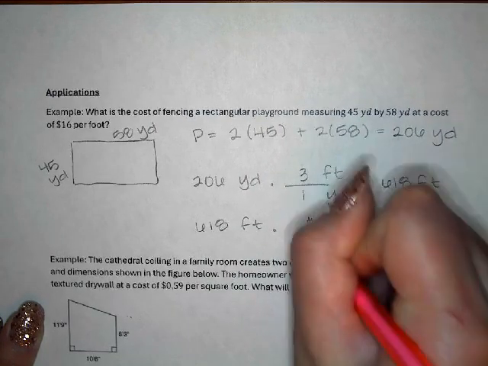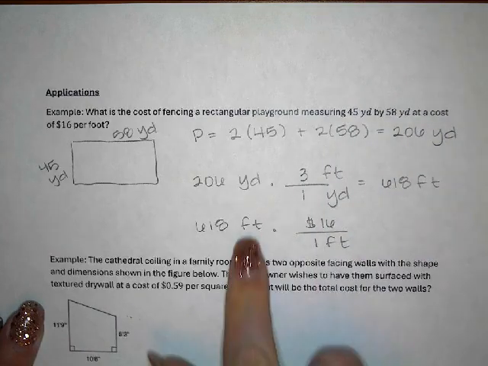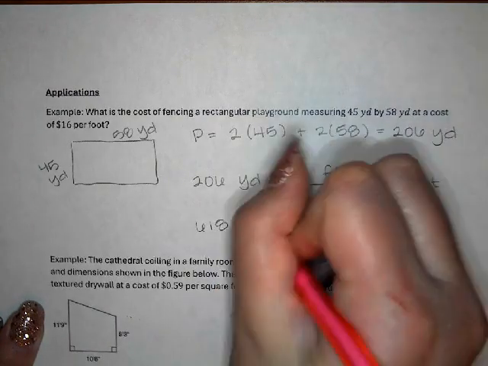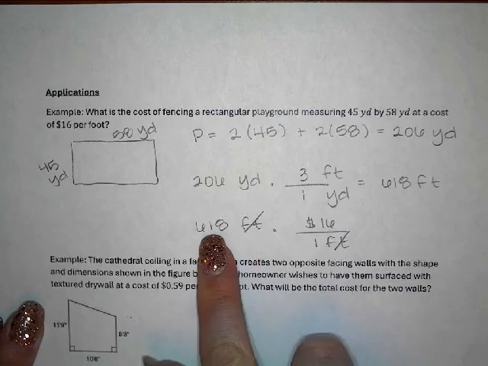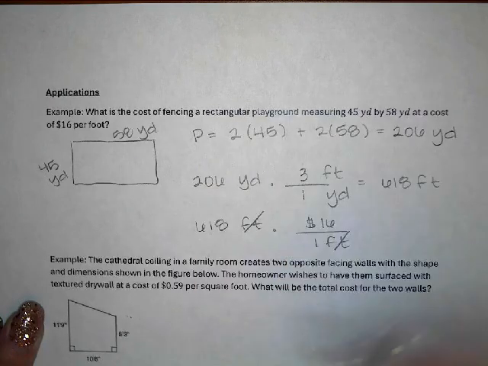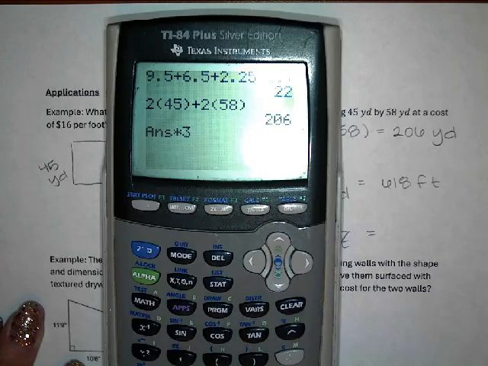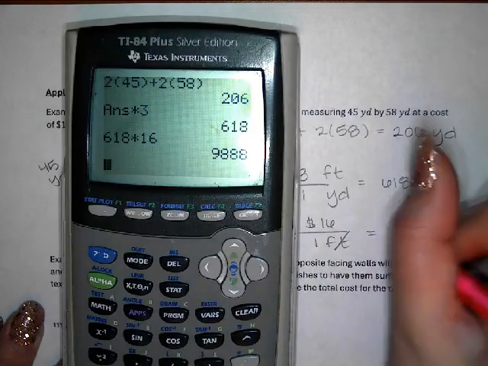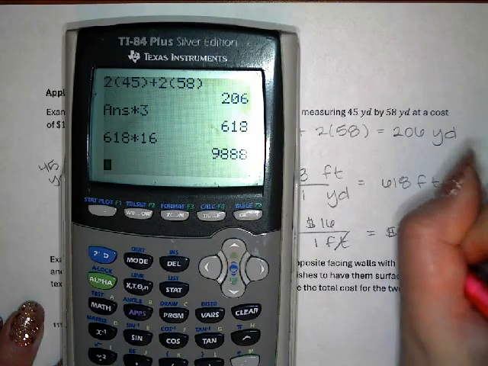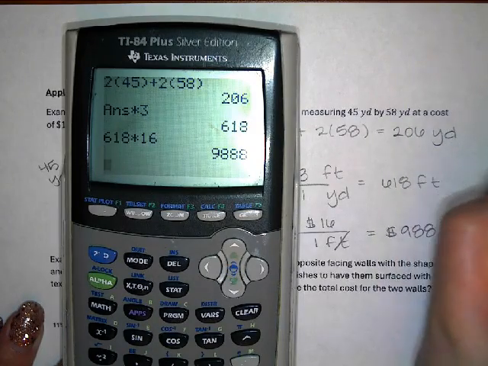And I'm just going to end up with how much money it's going to cost for 618 feet. So 618 times $16 per foot is the amount of money, $9,888 is how much it should cost to fence that rectangular playground.